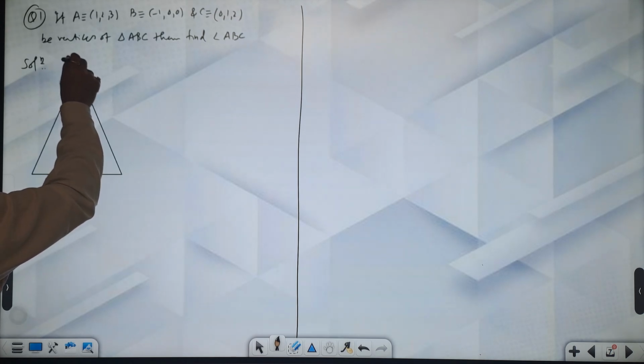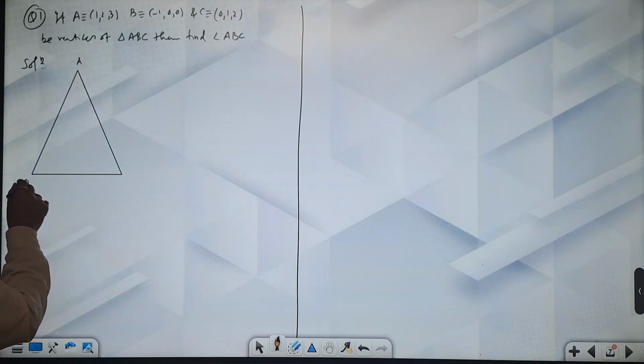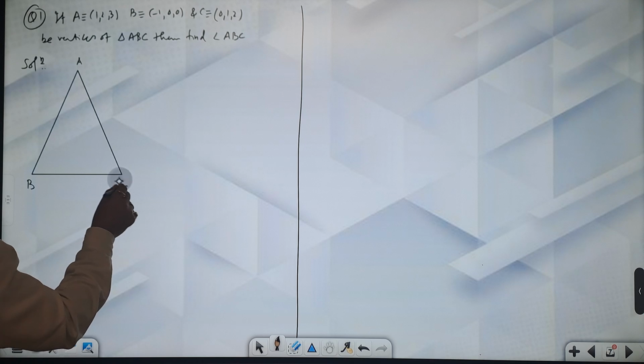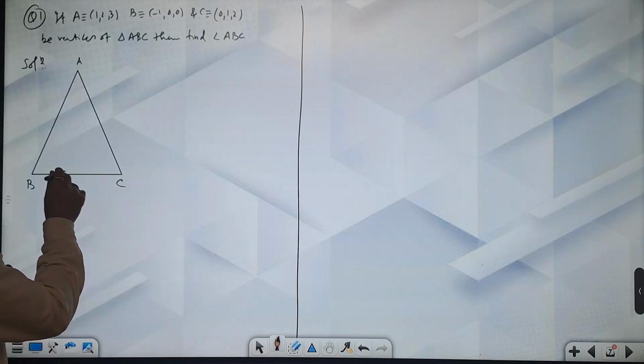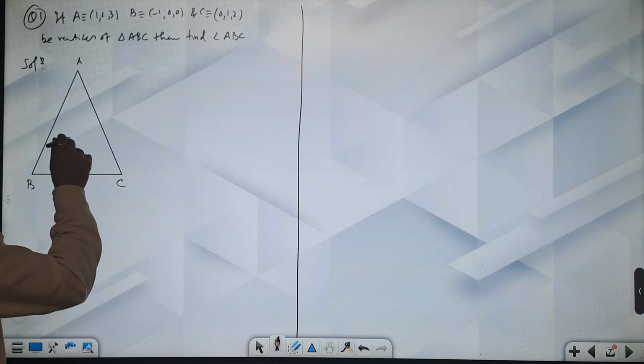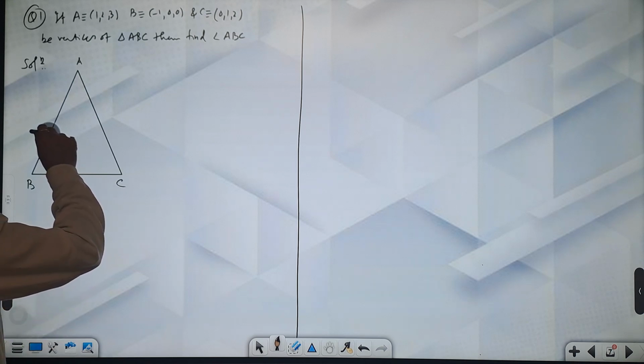In vector form, remember B is the angle between BC bar and BA bar.